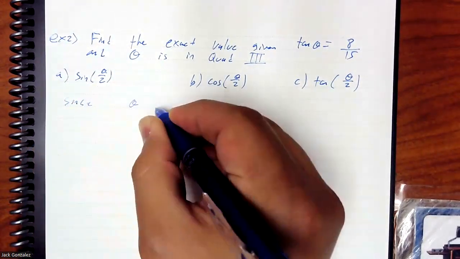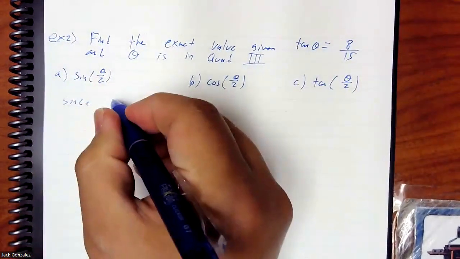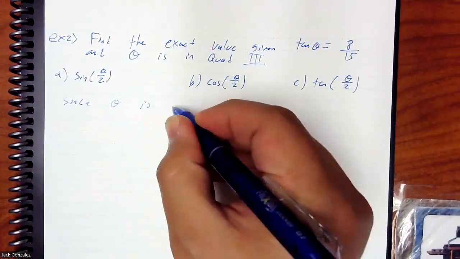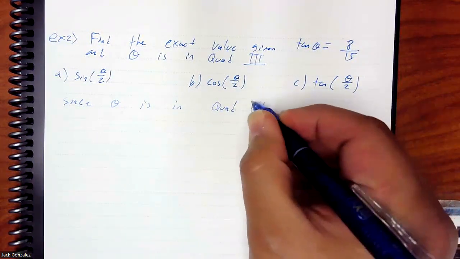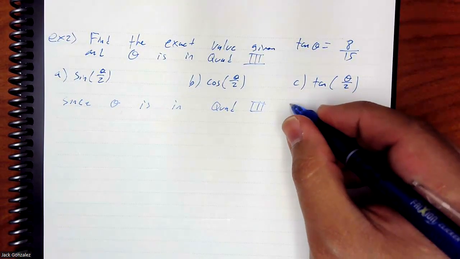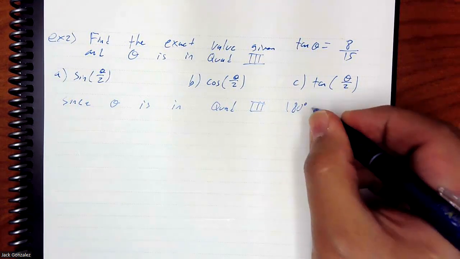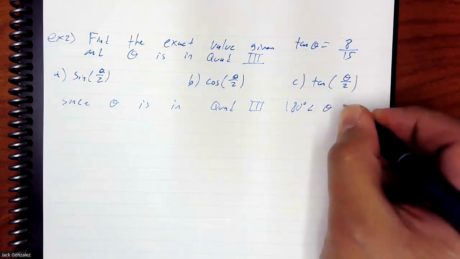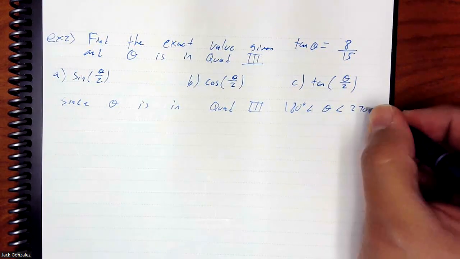Since theta is in quadrant 3, that basically means that it's between 180 and 270, right?